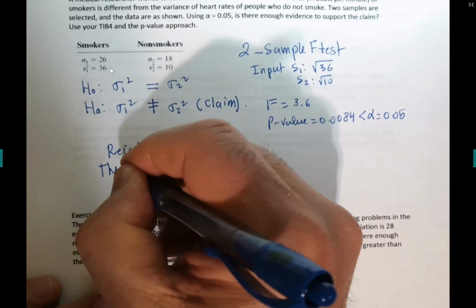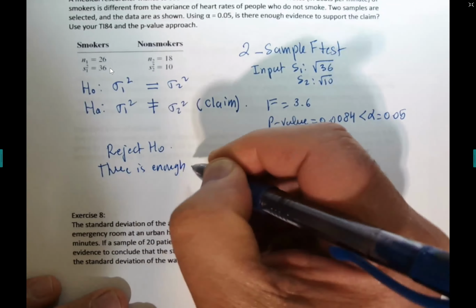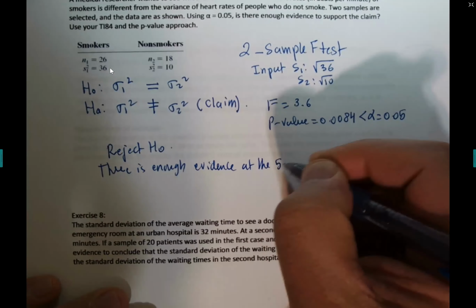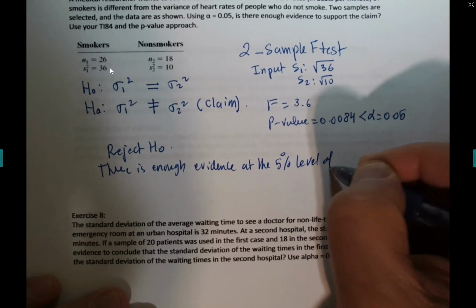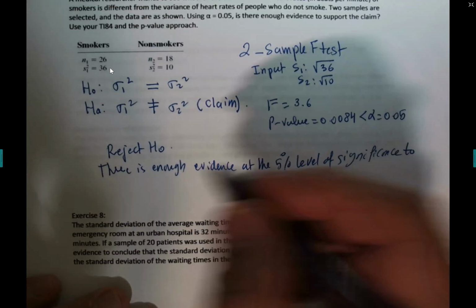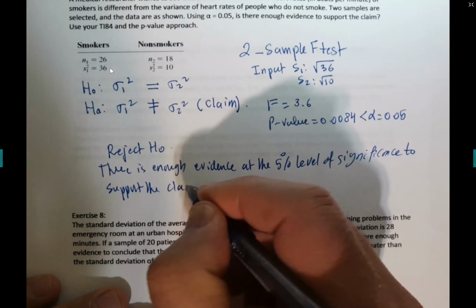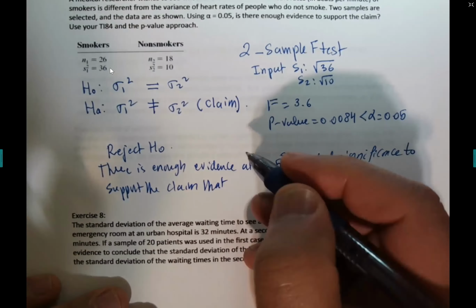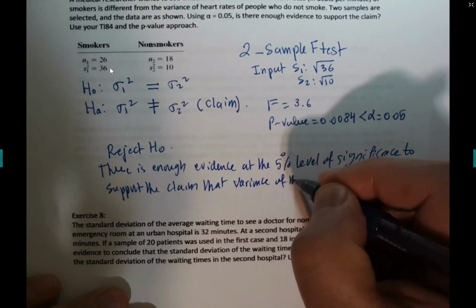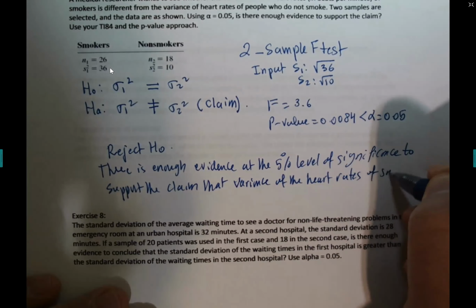There is enough evidence at the 5% level of significance to support the claim that the variance of the heart rates of smokers and non-smokers are different.